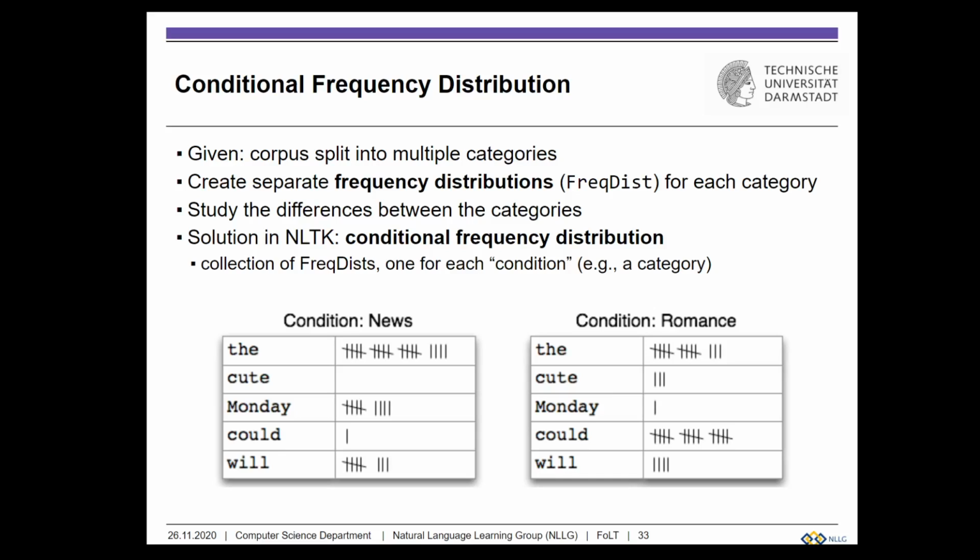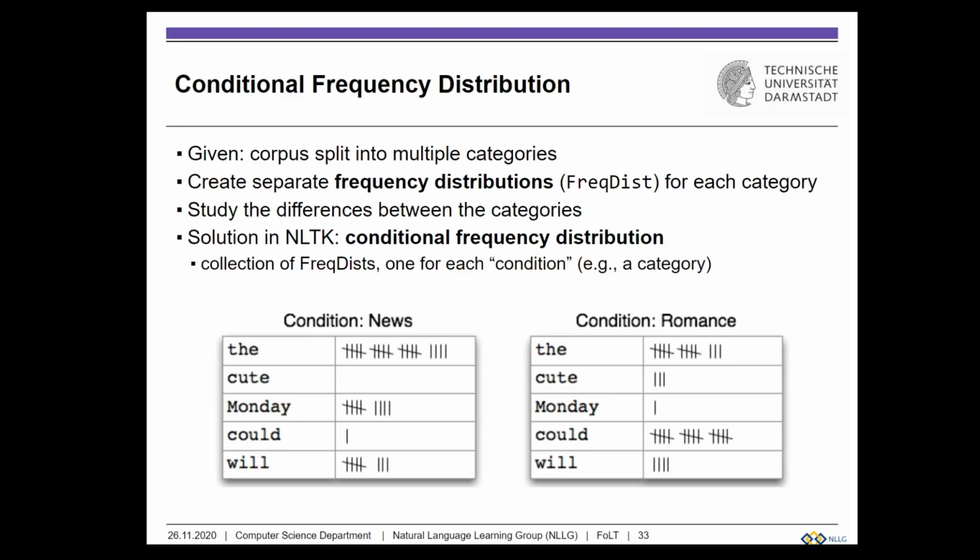This indicates how often an event, which could be a word, for example, occurs in a corpus, but conditioned upon a certain category. Then we want to see how the categories differ in their distributions across events. So in NLTK, there's something called a conditional frequency distribution. That's what we're going to introduce now.